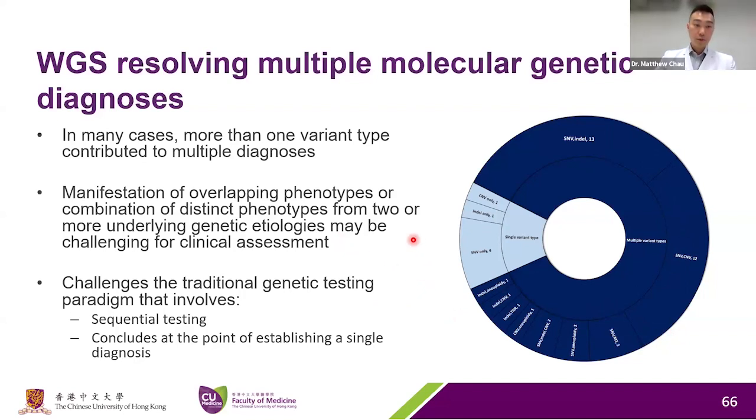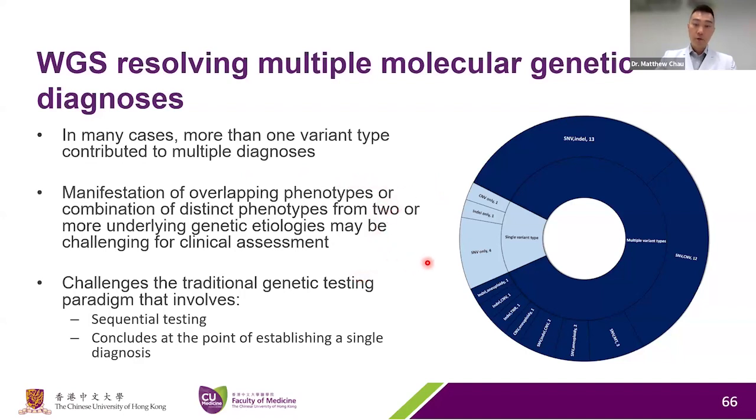For patients who present with a complex phenotype that is not immediately recognizable as a certain distinct syndrome, whole genome sequencing may be helpful because you never know whether those are overlapping phenotypes of multiple conditions.